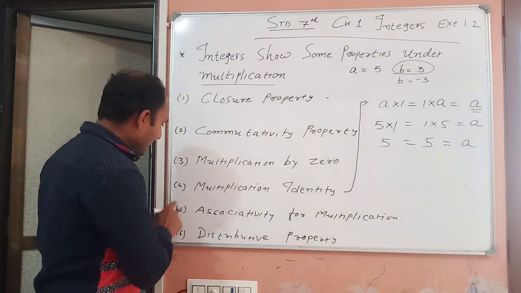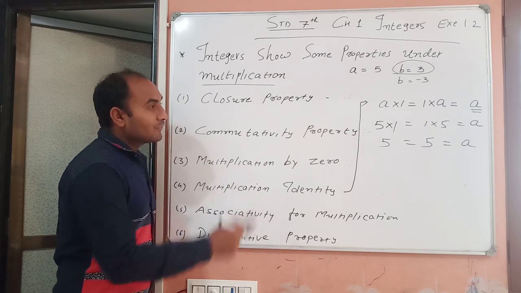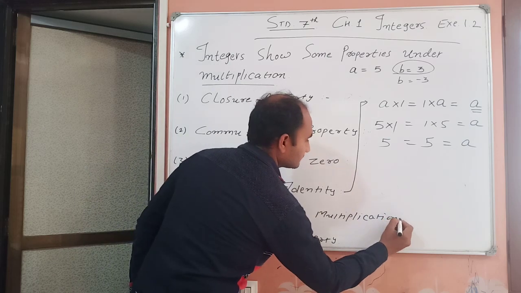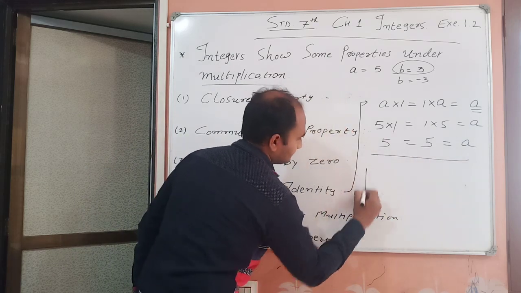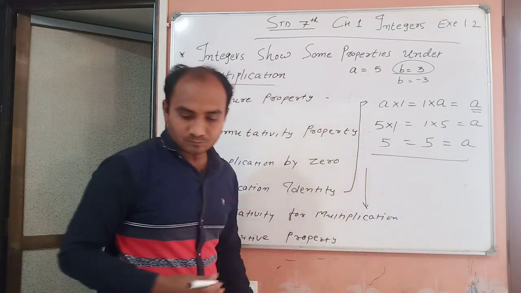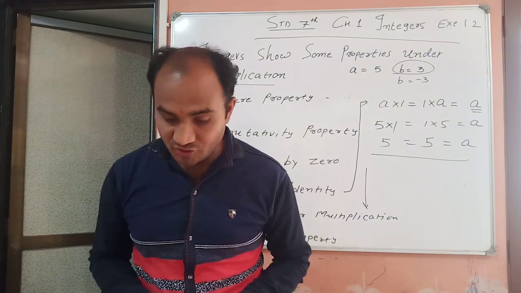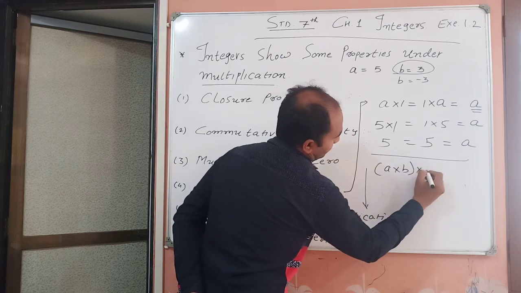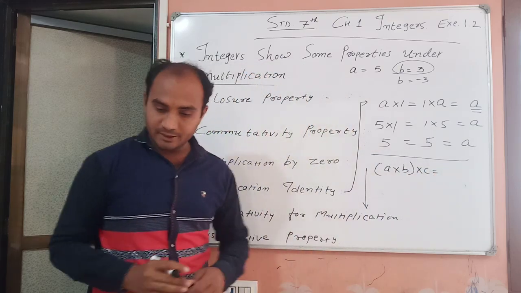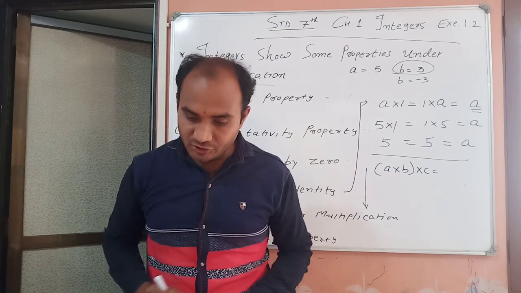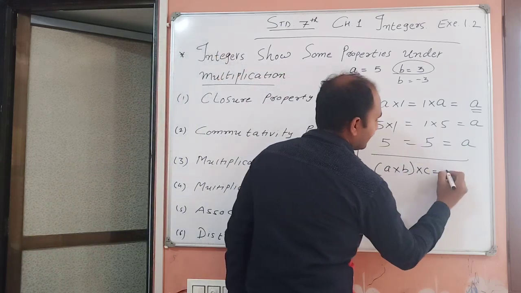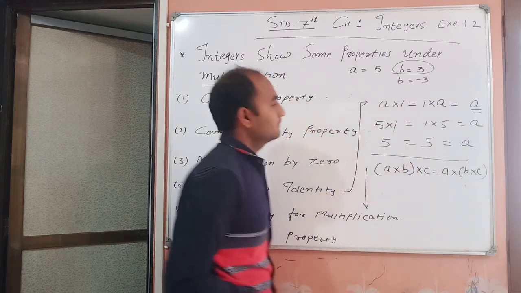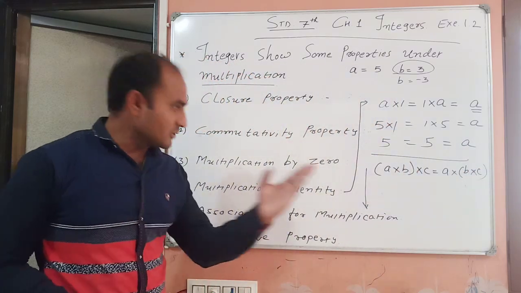So now the fifth one, associative for multiplication. In this property I will explain: associative for multiplication, A into B into C, that is A into B in brackets into C, and then A into B into C. Observe properly.